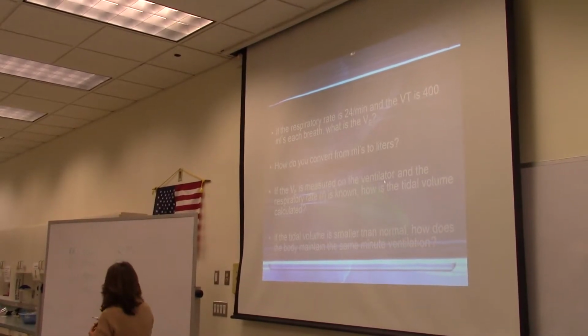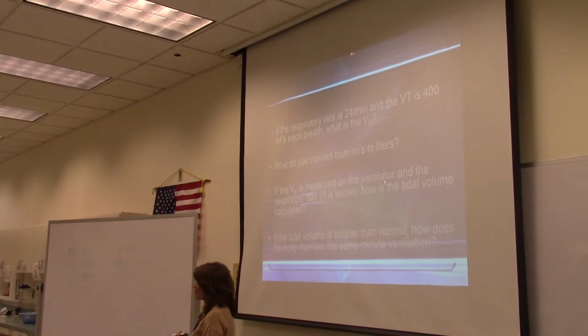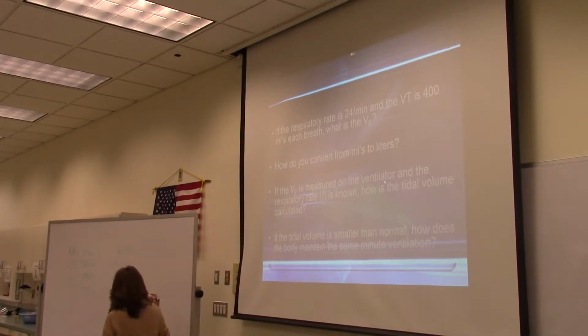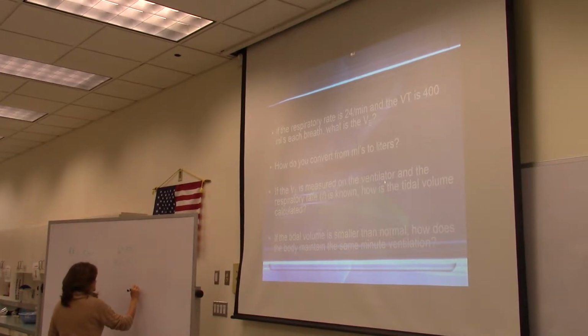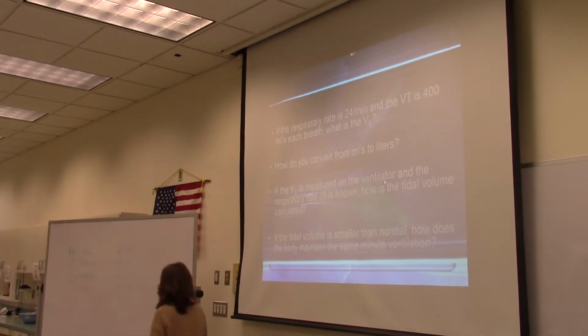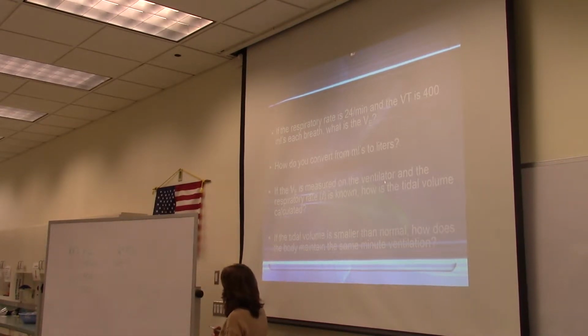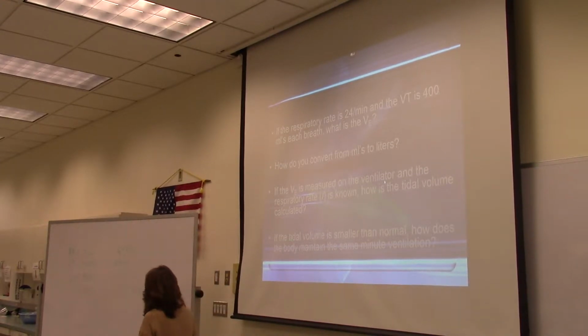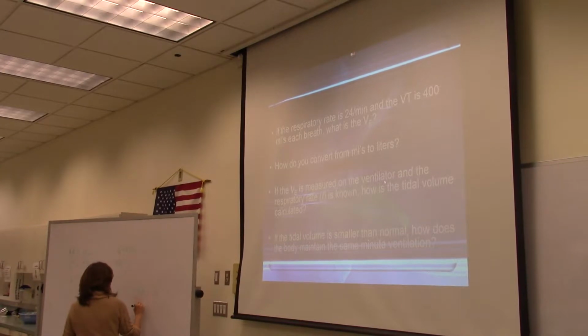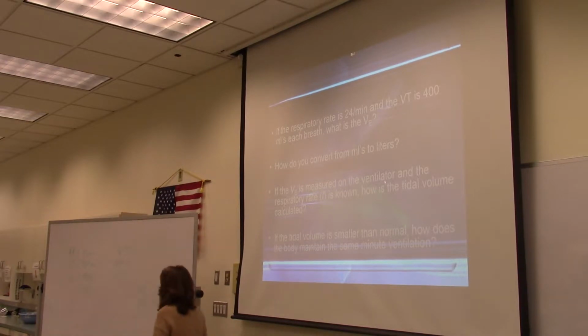That's how we would do this. You start off with your formula. Then you have to rearrange it somehow. Divided by your respiratory rate, so you divide by 15.